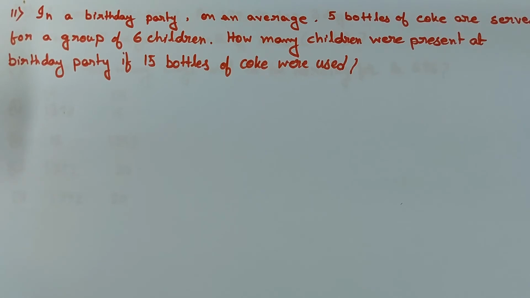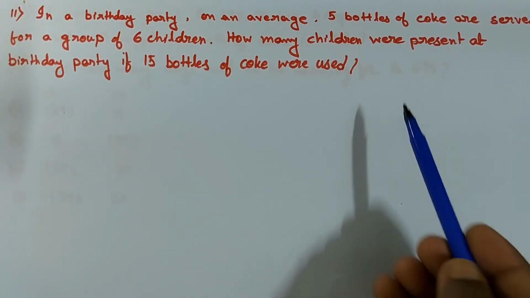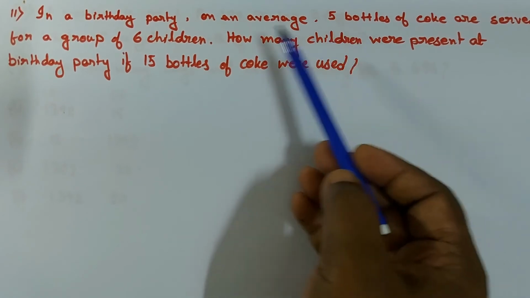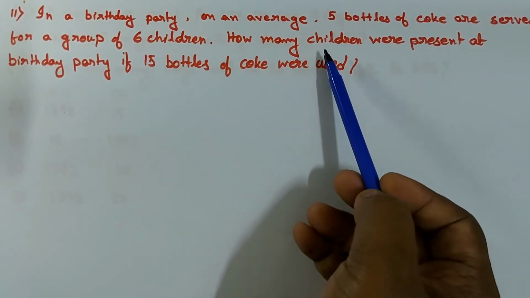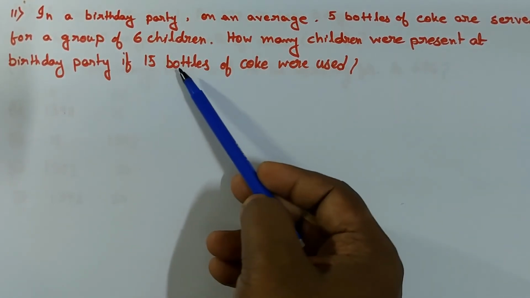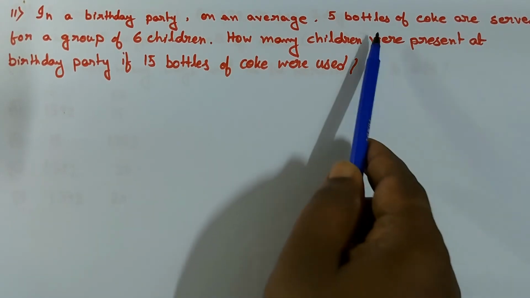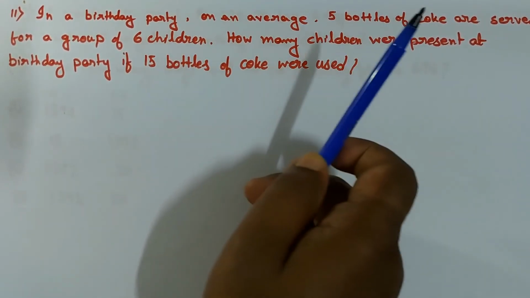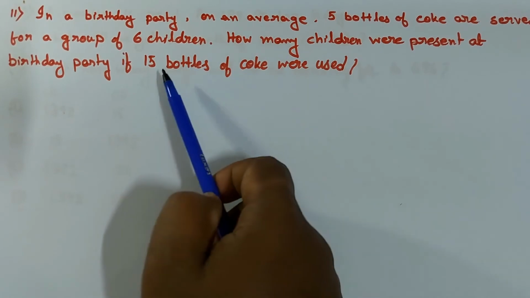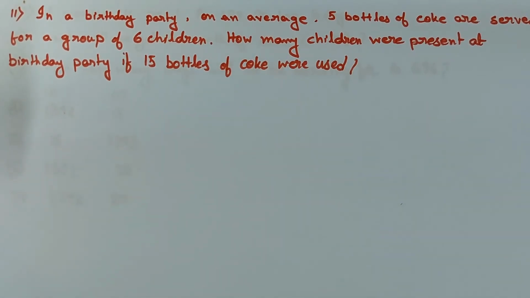That means 5 bottles, 6 children. In mathematical language it is 5 bottles for 6 children, x children for 15 bottles. That value of x we need to determine.